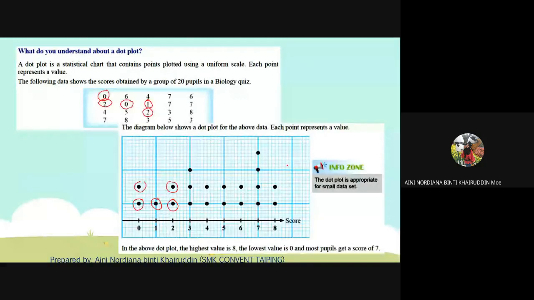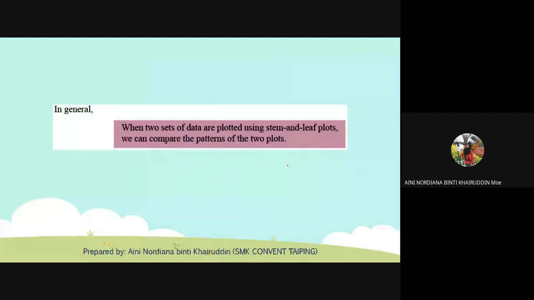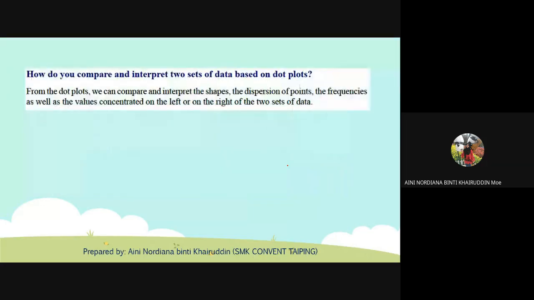Okay, in general, when two sets of data are plotted using dot plots, we can compare the pattern of the two plots. Okay, now kita nak compare. From the dot plot, we can compare and interpret the shape, the dispersion of point, the frequencies, as well as the values concentrated on the left or on the right of the two sets of data.